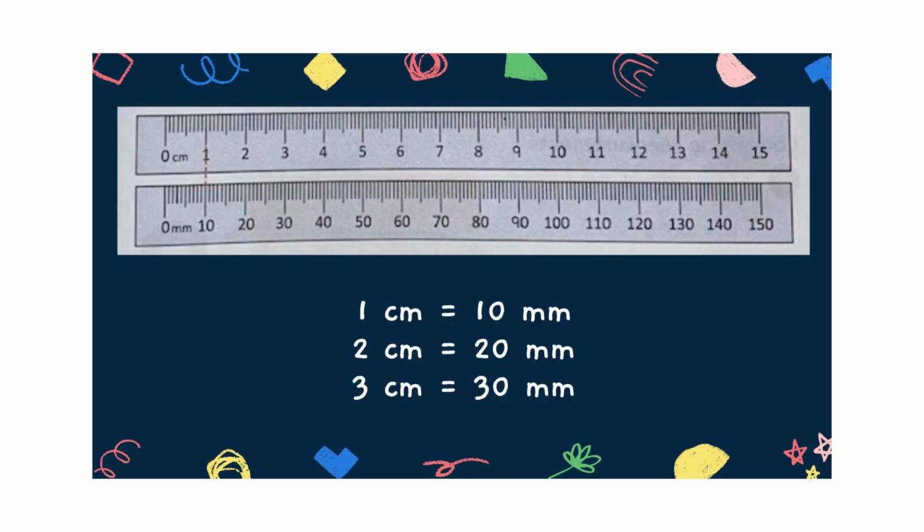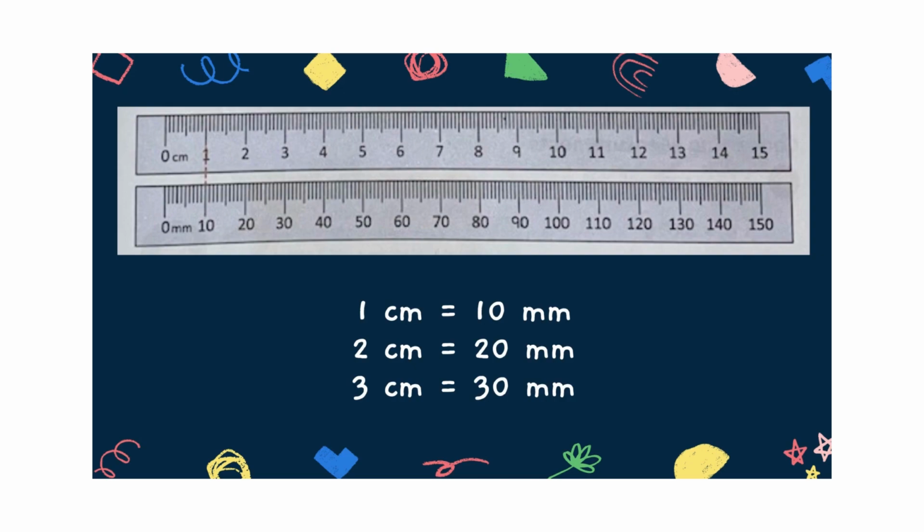If you can see here, two rulers are given to you. One is measured in centimeters and another is measured in millimeters. We want to see the relationship between the centimeter and the millimeter. On the top, I have 1 centimeter, and you look at the bottom, how many millimeters will that be? 10 millimeters.